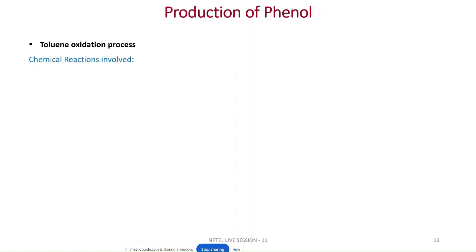So what are the chemical reactions involved in the toluene oxidation process? We will get oxidation first. We will do the oxidation of the toluene, right? So the first process is oxidation to benzoic acid.